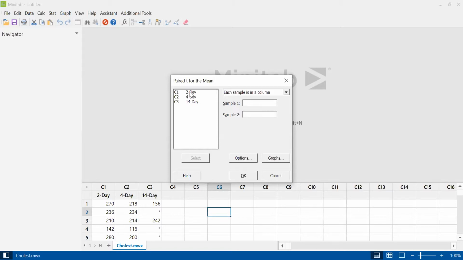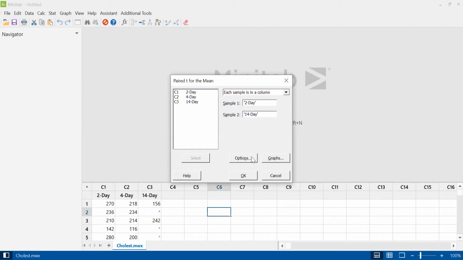I want group 1 to be 2-day, and then group 2 to be 14-day. The reason why I want that is because I want to look at it like what I was thinking about, that it's greater than, okay? Because I already had that in my mind, that that's how I was going to set it up. You could set those up differently and it would be a less than, if you switch those around.